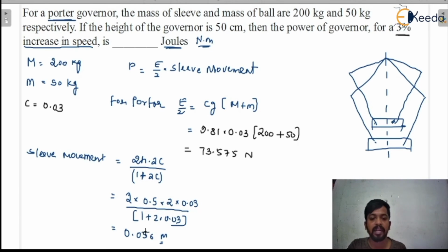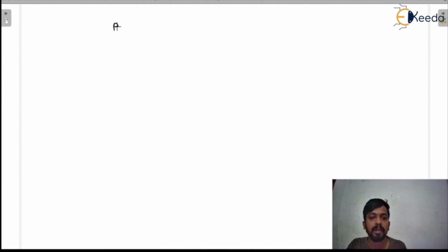So that's why we are calculating the sleeve movement in meter. Now we have calculated the effort of the governor as well as the sleeve movement. Now we just have to put both values in the power formula and finally we'll get the answer. P equals E by 2, which we got as 73.575, multiplied by the sleeve movement 0.056.